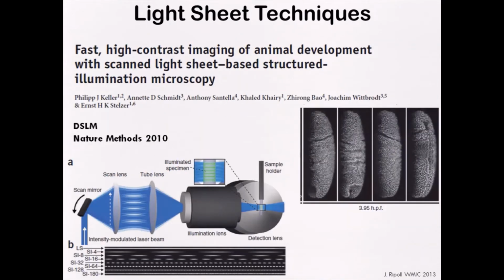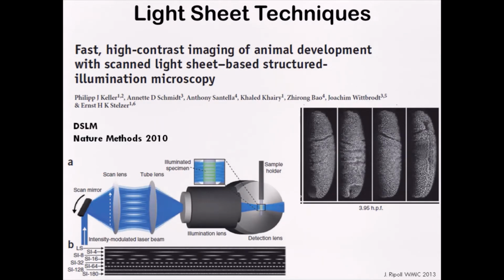In both cases, we generated a sheet of light with a cylindrical lens. You can generate the same sheet of light using other methods. In this case, they were actually scanning a beam, like scanning this laser up and down, and they were introducing special information in the beam, and this increased the resolution.